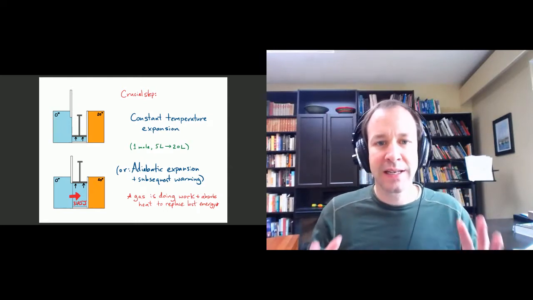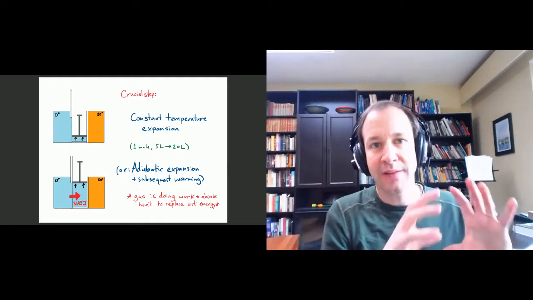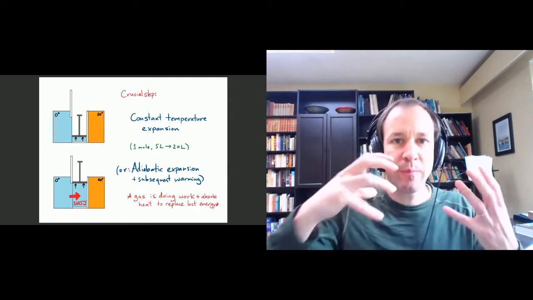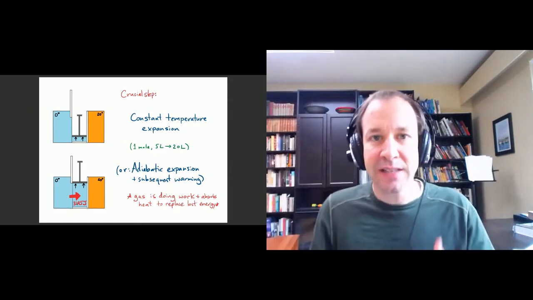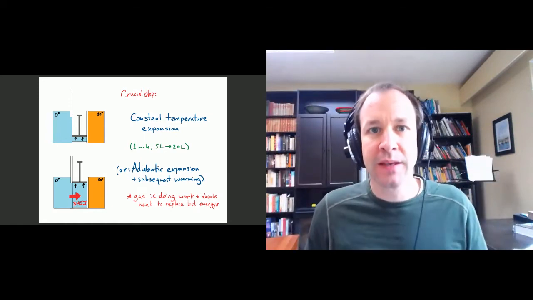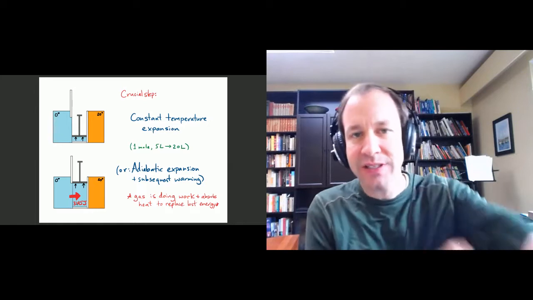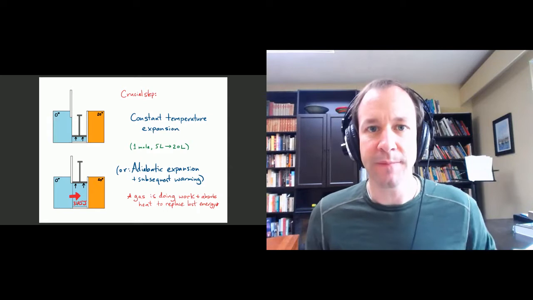Okay, so those are two different ways that we can achieve this cooling of the cold reservoir, and it basically comes from the fact that our gas in the cylinder is doing work on the piston as it's made to expand. So there's actually an interesting demo that allows us to understand this phenomenon.